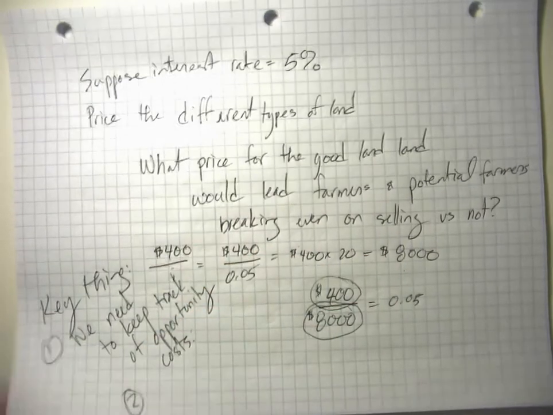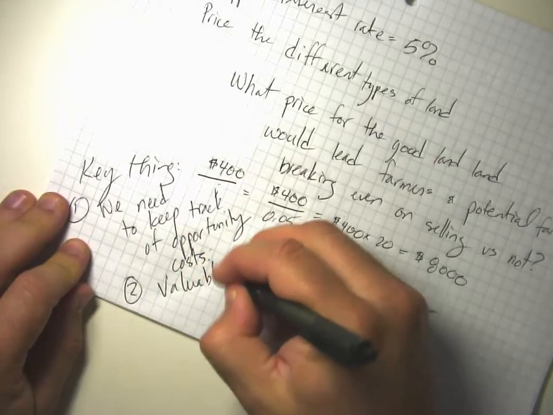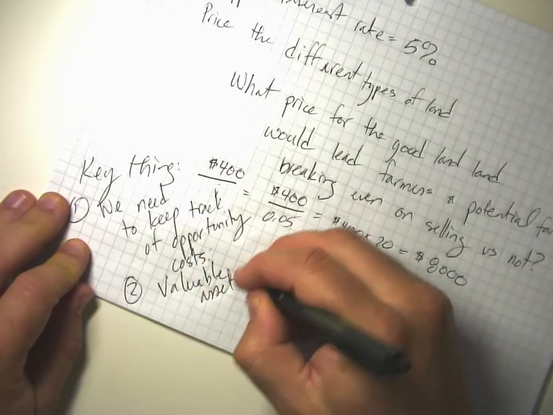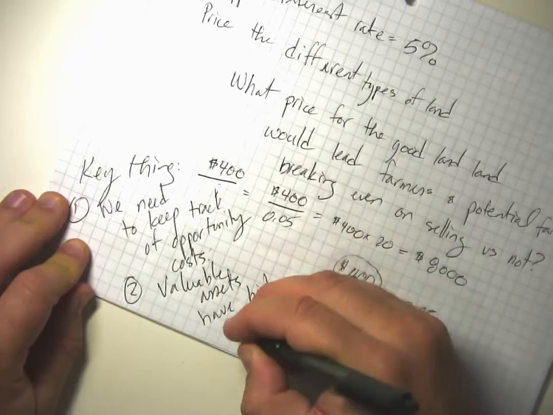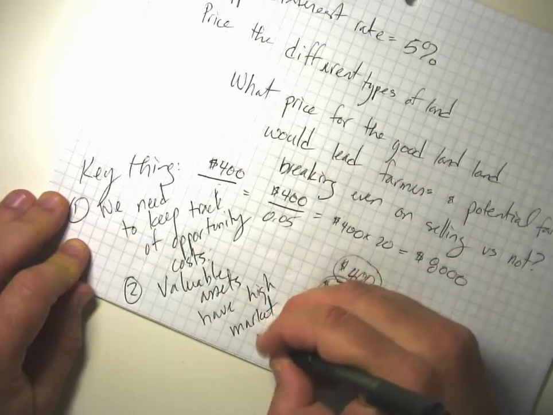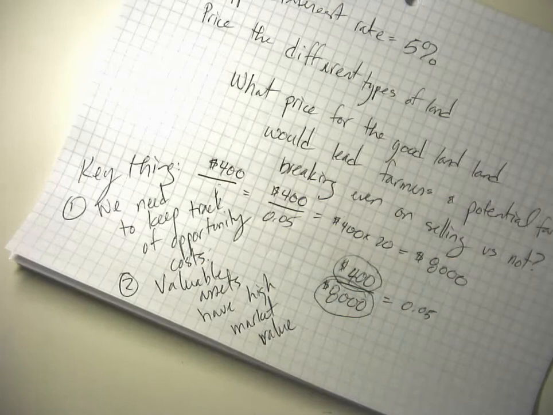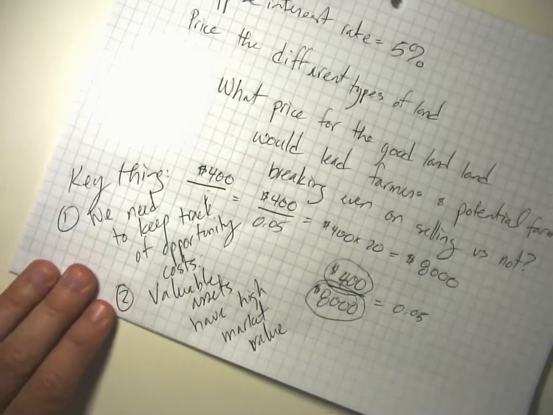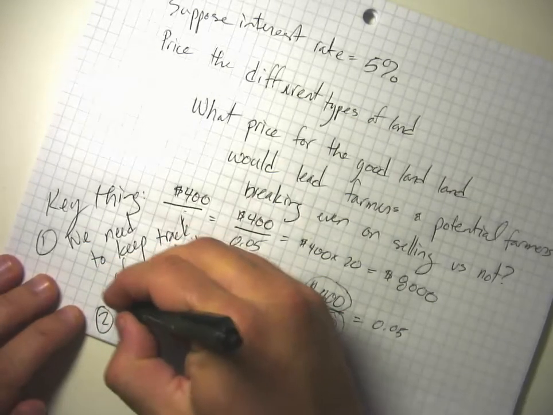Two, valuable assets have a high market value. And I know that may sound sort of circuitous, but it's worth remembering. So the key question, say for instance, would be something like, well, what's a better investment? A share in a monopoly company or a share in a small company?